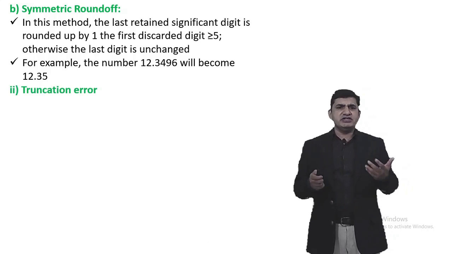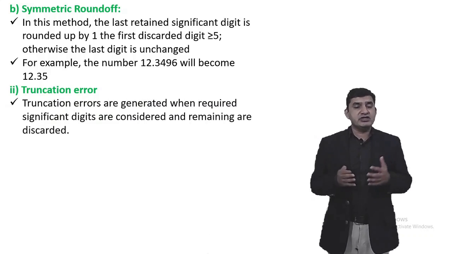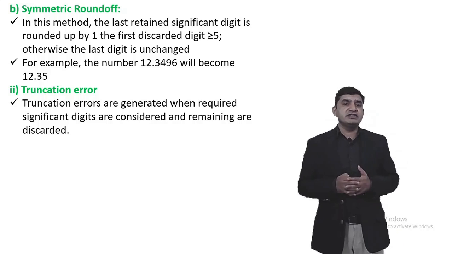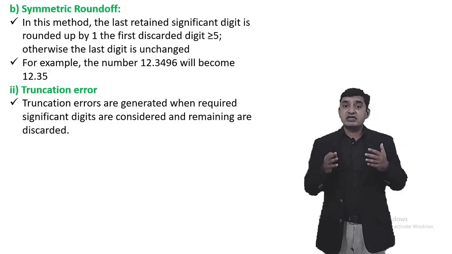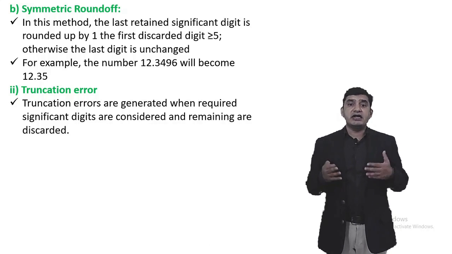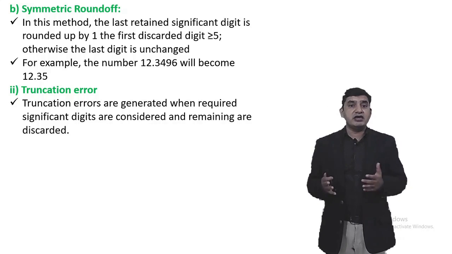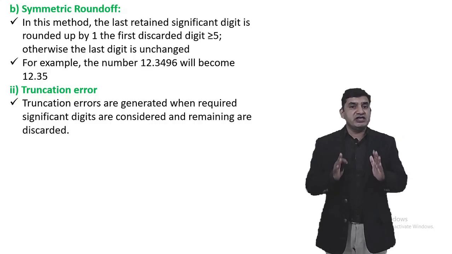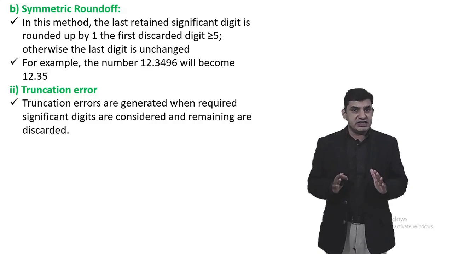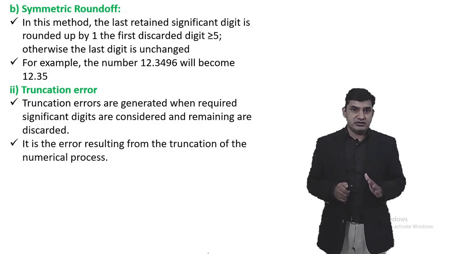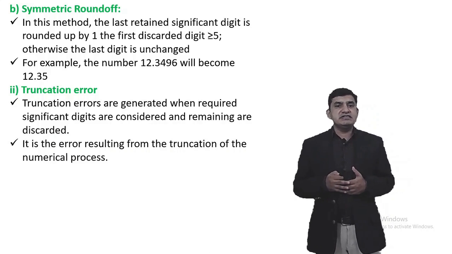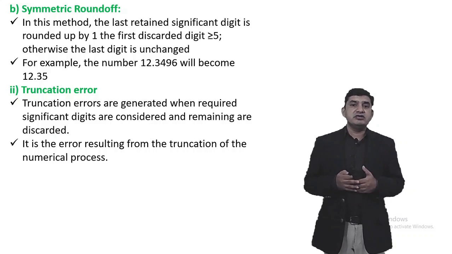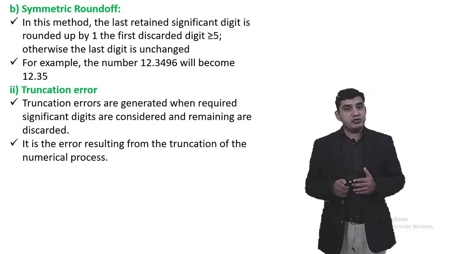Then we have to see what the truncation error is. Truncation errors are generated when the required significant digits are considered and the remaining are discarded. Only a particular number of significant digits are considered and the remaining are discarded. It is the error resulting from truncation of the numerical process.